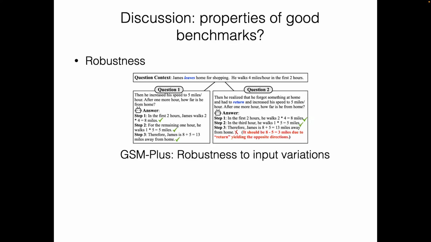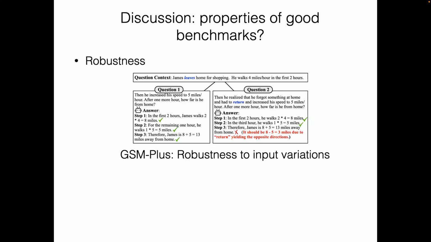And when you get a data set, it's one sample from that distribution. So it's possible that the model performs well on this particular problem in the data set, but if you just change it a bit, then it fails.